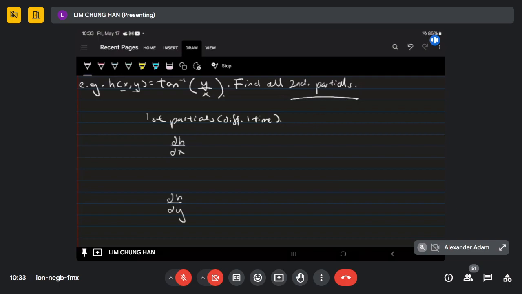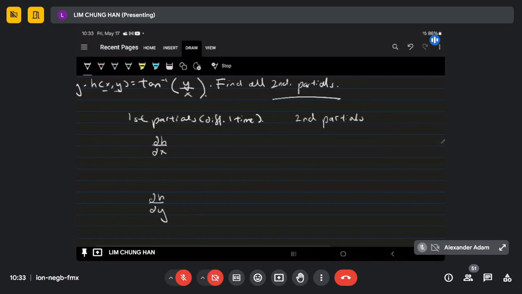Now, second partials. Can you guess what I mean? How many times? Two times, correct. Second partial means you differentiate two times.